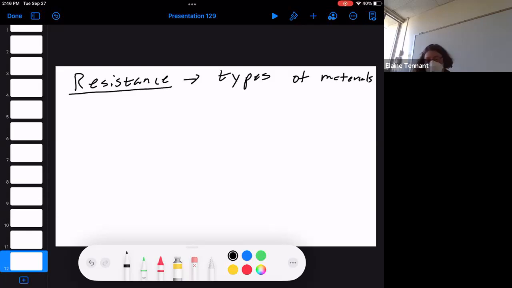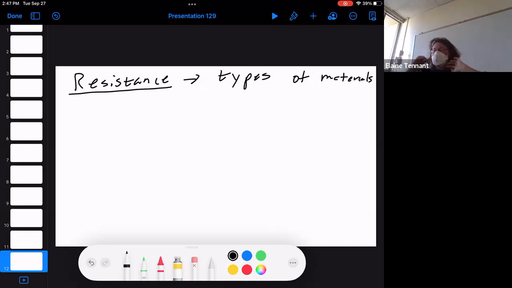I'm not, that one's not going to show up. That's a graduate level materials class that I'm never getting back. Okay. Types of materials. Okay, resistance. Types of materials. Okay, but we're not going there. We're going to do a little more high level.